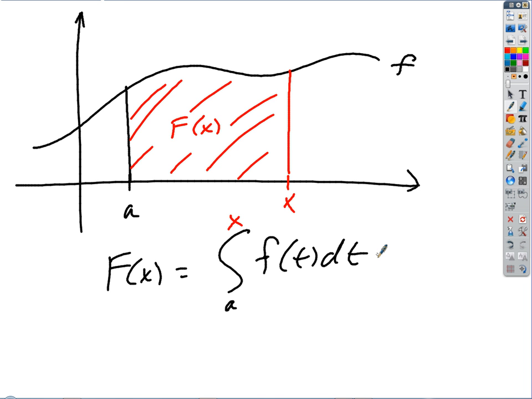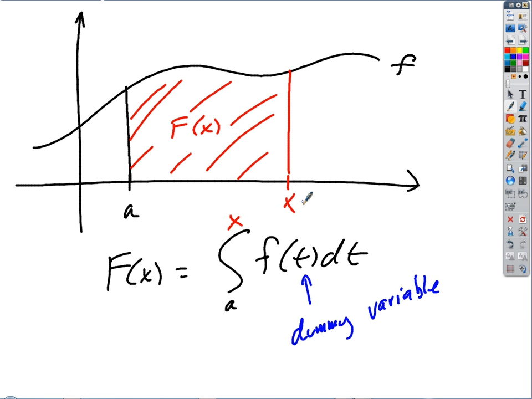A lot of times the way that we deal with stuff like this is we'll introduce what's called a dummy variable. The dummy variable is t, and you could make it an x if you want to, but to make it an x is a little bit confusing, because x we're defining as the place where we're stopping the area, right?